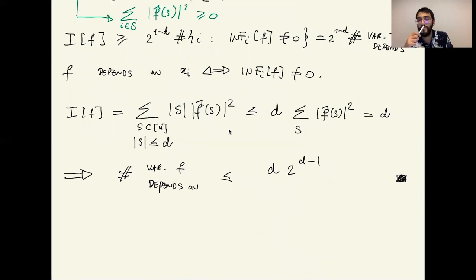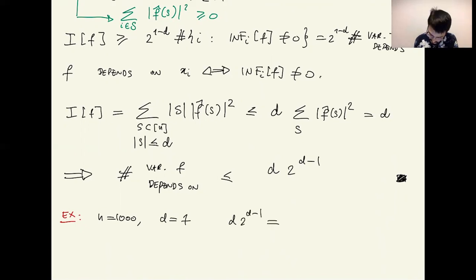Now if you have something like n equals 1,000, and I think 7 is the largest, I can do this computation now. So one small example: say n equals 1,000, and you put d equals 7. Then you get 448.